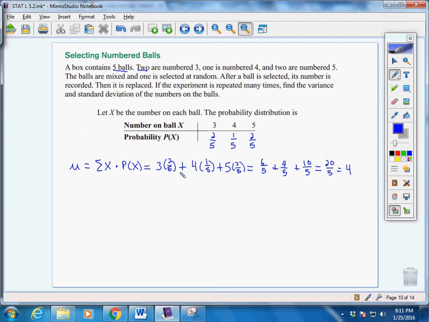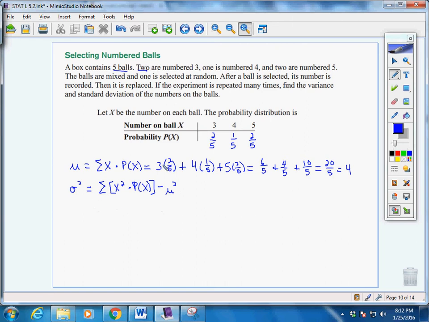Alright, so we found our mean. Always start first by finding the mean. Then go ahead and find the variance. Our formula, and I'll just rewrite it because I don't have it here, is a summation of our x's squared times the probabilities. If you look real quick, it's really similar to the mean, except this is squared. And then we're going to subtract off the square of our mean.